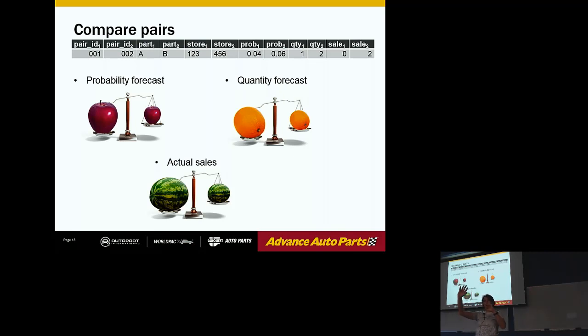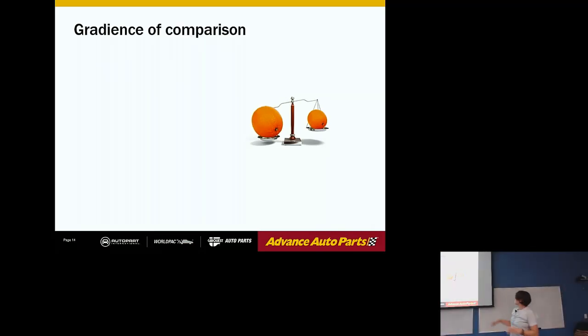Either A is more likely to sell, or A will sell more, counted the same. Yeah, exactly. And actual sales also tell you either A sold more or B sold more. So it was possible to rank all of them. And after we ranked them, it was possible to compare them to each other.